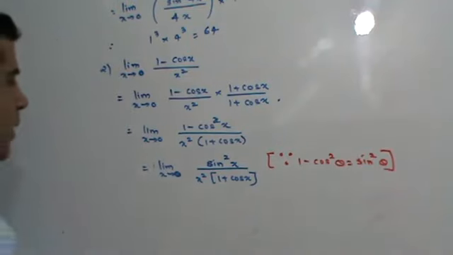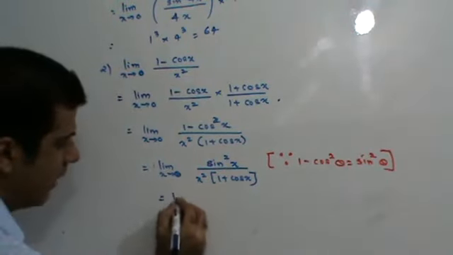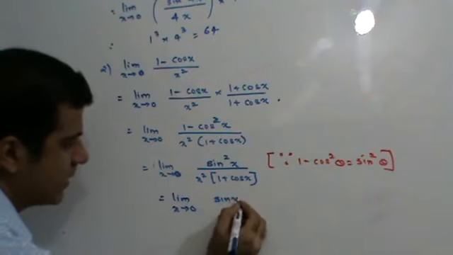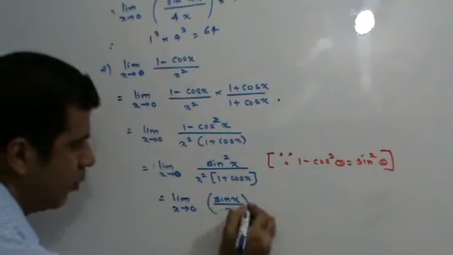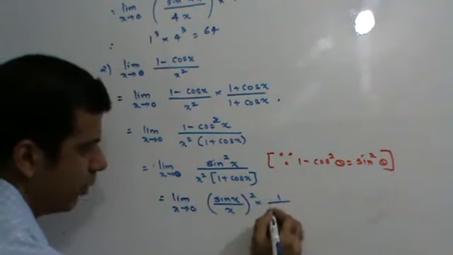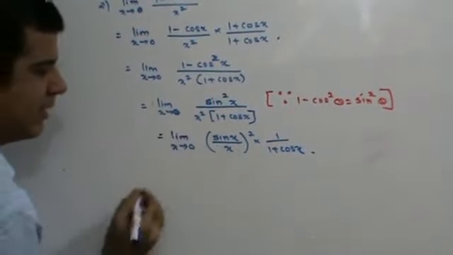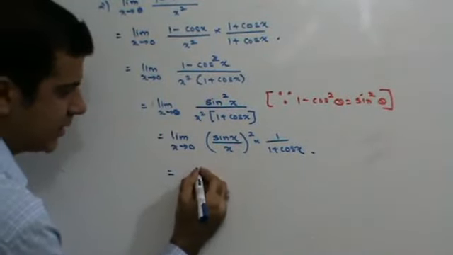Now here I could say that limit of x tends to 0, sin x upon x the whole square into 1 upon 1 plus cos x. I have taken the square term common between these two. Sin x upon x is 1.